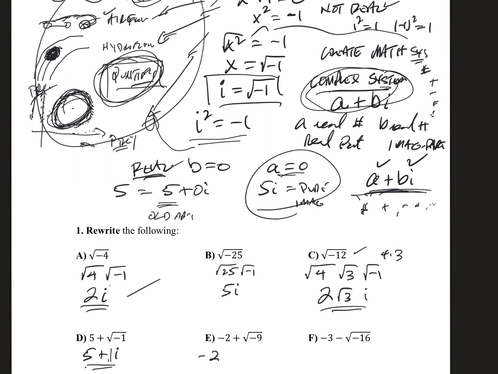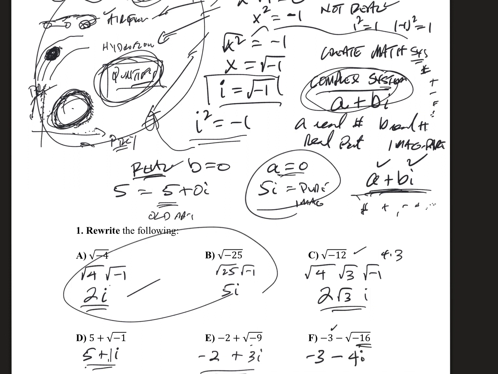We have a real part of -2. Following what we did up here, the square root of -9 would be 3i. So we have -2 as the real part and +3 as the imaginary part. And then last but not least, -3 is the real part. We're subtracting this imaginary part. Well, the square root of -16 would be 4i.